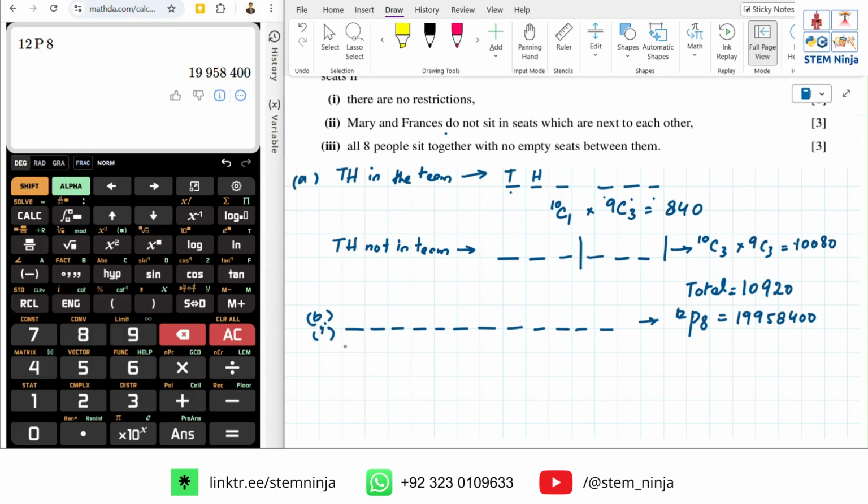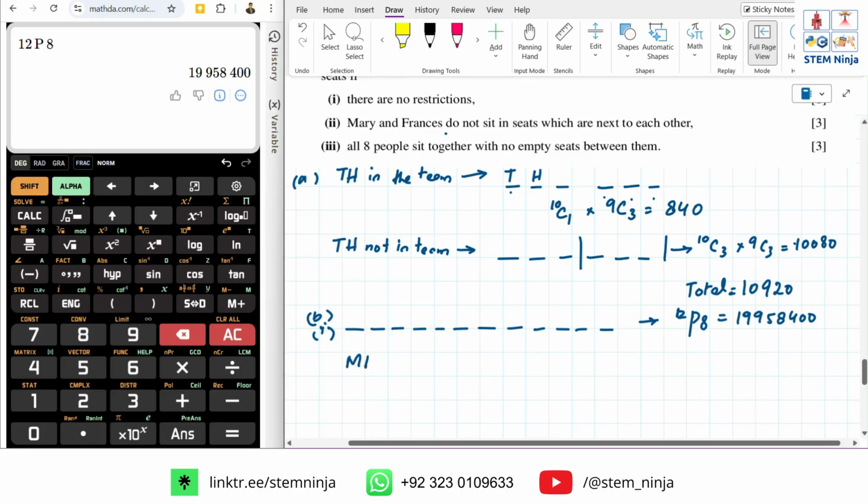A simple way to do this, because there are 12 choices for them to sit, is to find the number of arrangements when they are together.